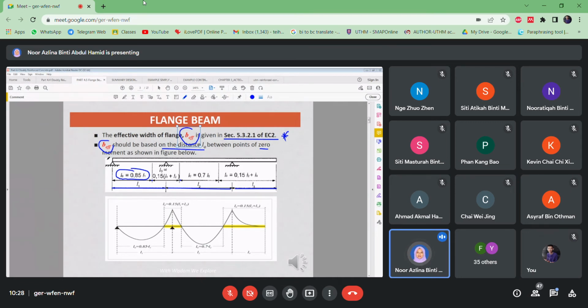It doesn't matter right or left as long as the first span. While this is the internal span, tak kisahlah internal nombor satu ke nombor dua, as long dia dekat dalam. For internal span, you need to use L0 is equal to 0.7 L2 according to its length of the spans here.